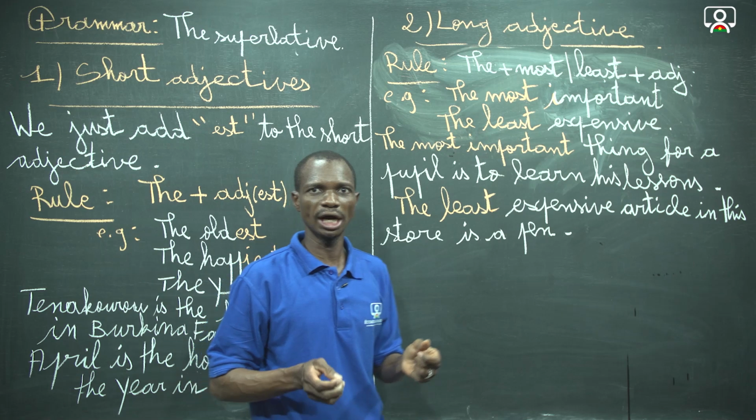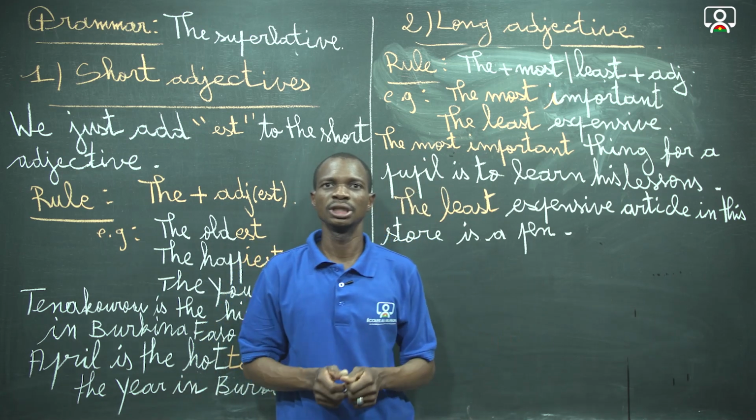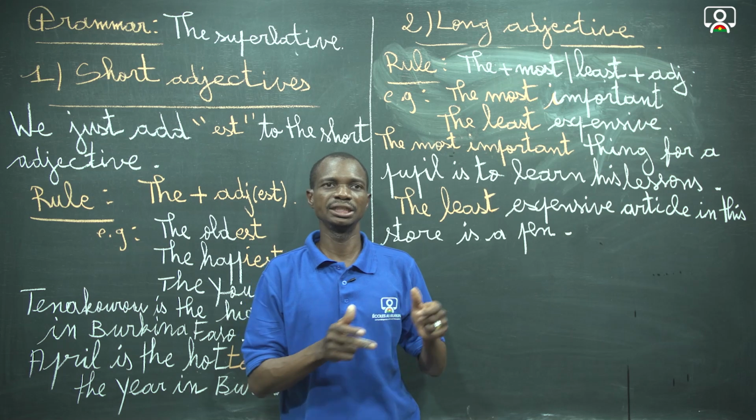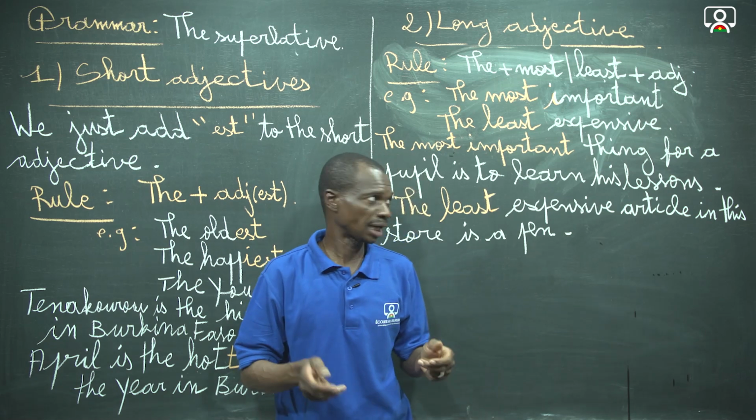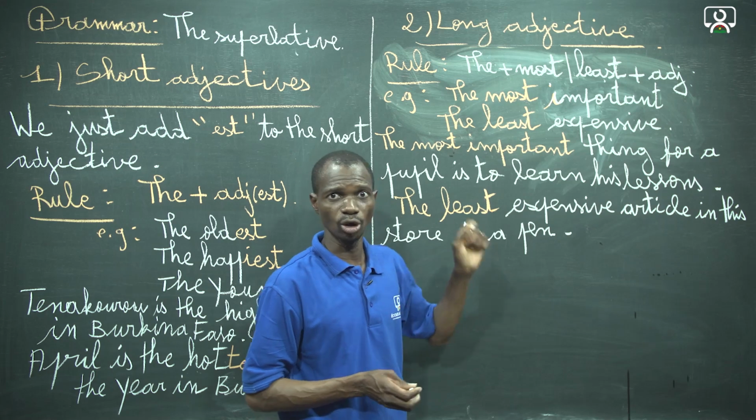Then there are also other examples. You can say that Alida is the most beautiful girl in this classroom. There is also another example, this one too, what has been listed on the board.